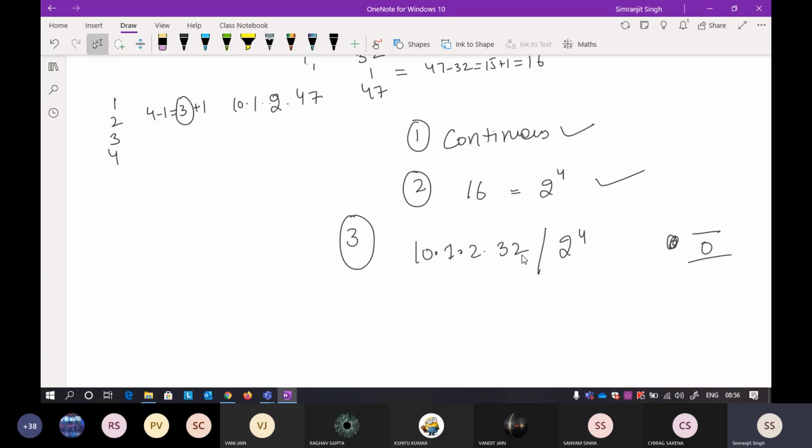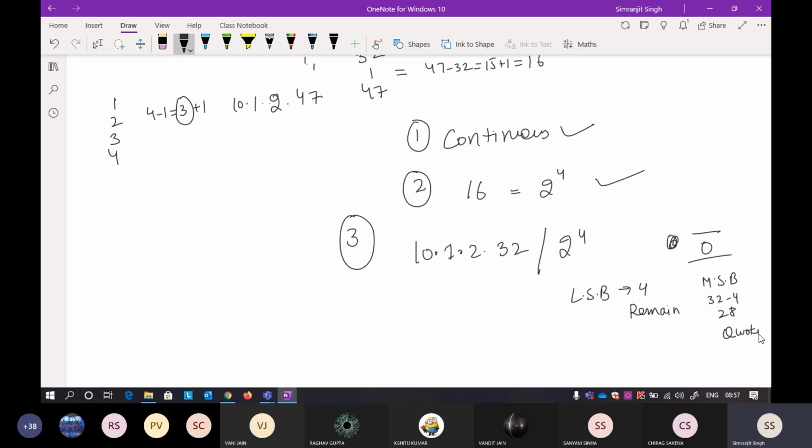So when you are dividing this by a power of 2, you already know what happens: the least significant 4 bits will be the remainder, and the most significant bits, 32 minus 4, the most significant 28 bits, will be your quotient.